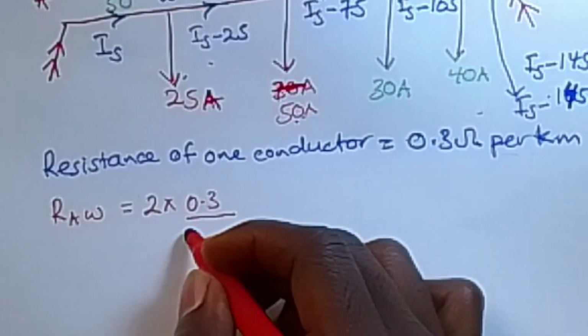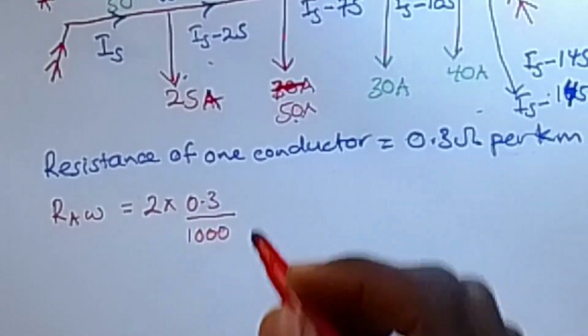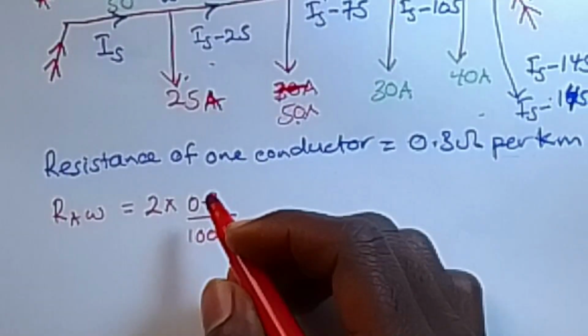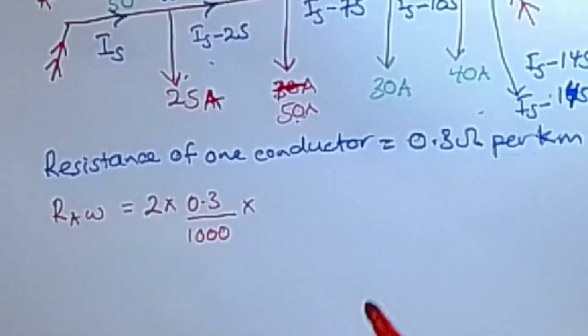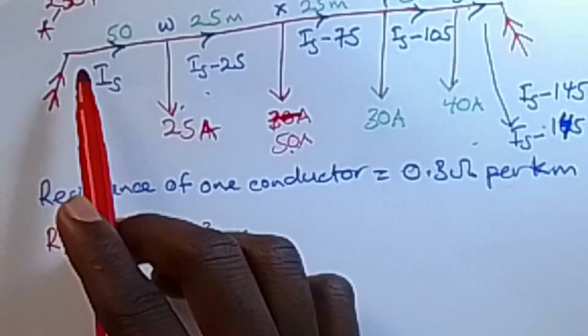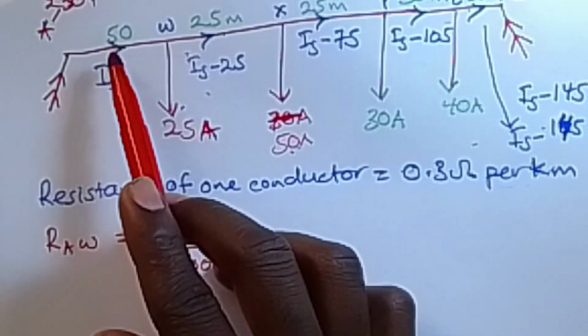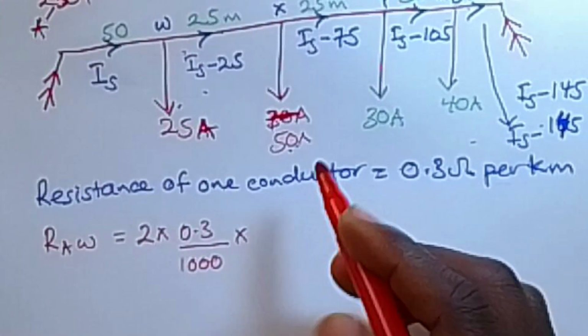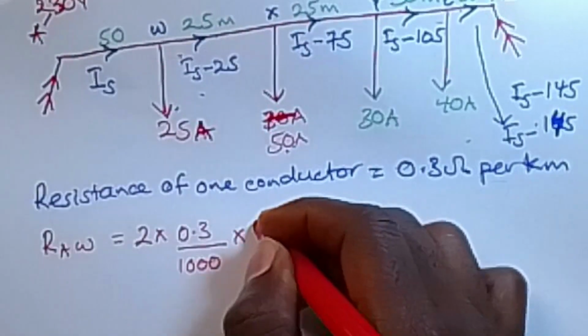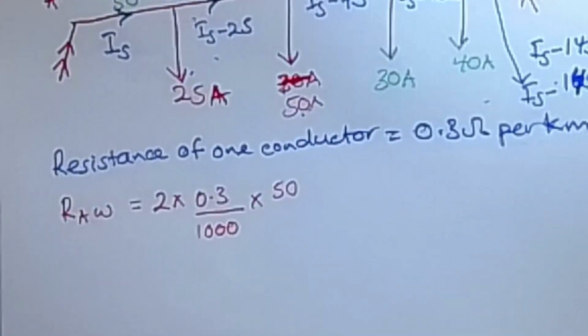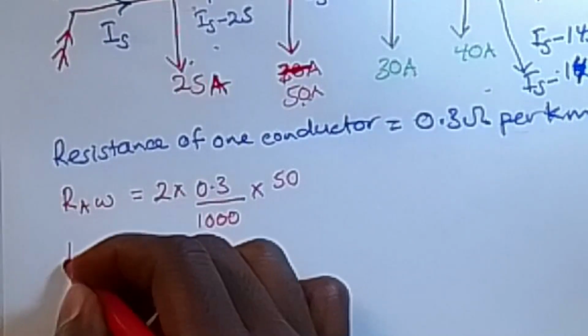Then we multiply it by the length between A and W, which is 50 meters, as we calculated earlier. So it will be times 50.